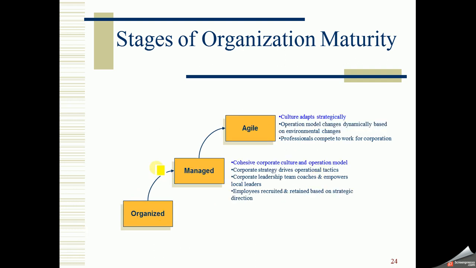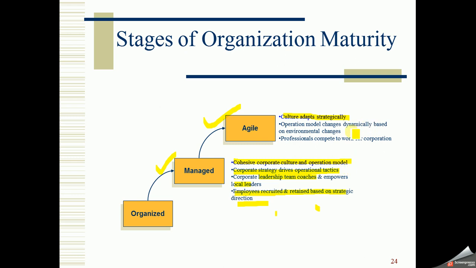The next is managed. So now we have a cohesive corporate culture and operational model. We have corporate strategy drivers and operational tactics. We have a corporate leadership team that coaches and empowers local leaders. Employees are recruited and retained based on strategic decisions. And agile is the highest level, at which the culture adapts strategically.